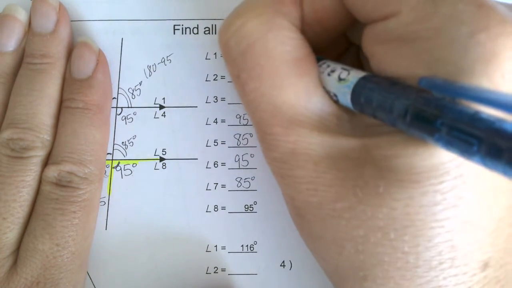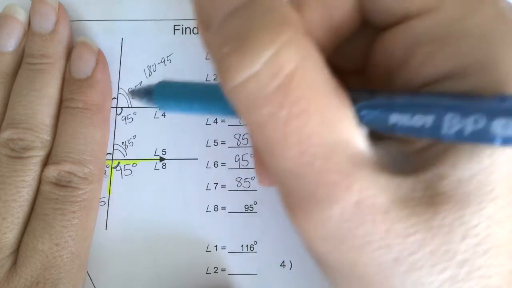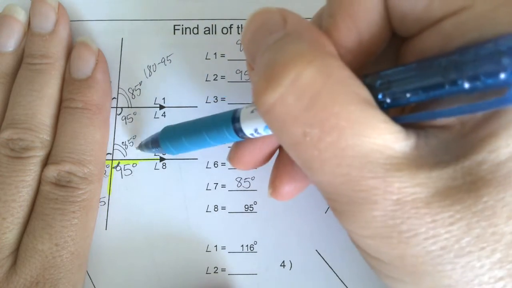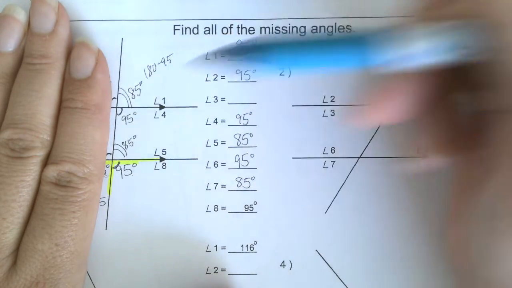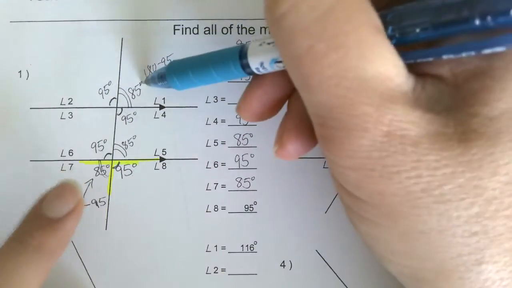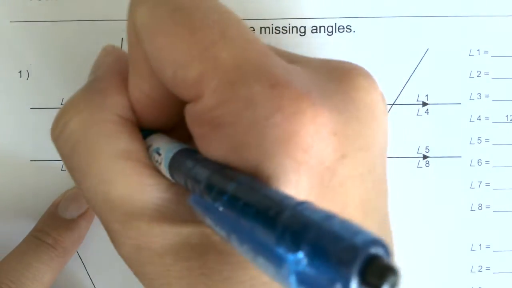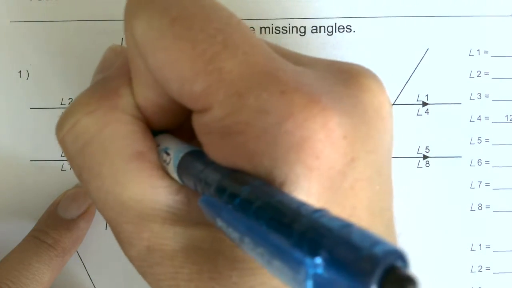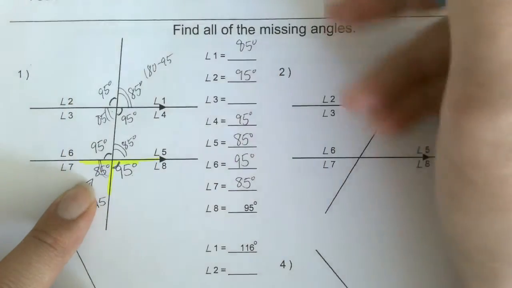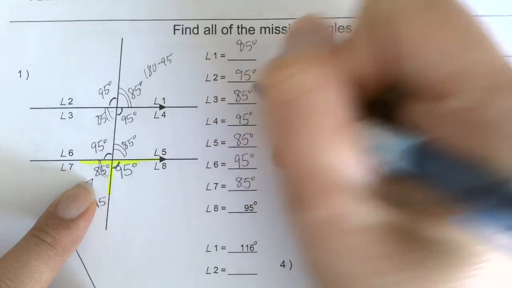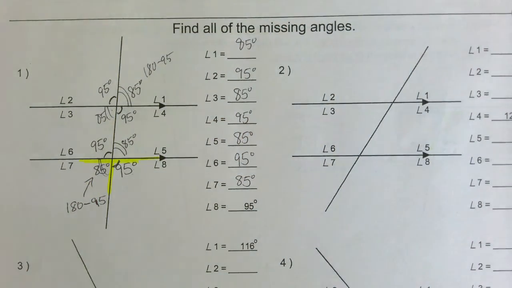So that's angle 1. I could have used the idea that this corresponds with this, angle 1 and angle 5, top right-hand corner. I could have used alternate interior or alternate exterior. And then I'm going to go ahead and drop that 85 degrees to here because that is vertical. So do you notice that it's either one angle or the other?